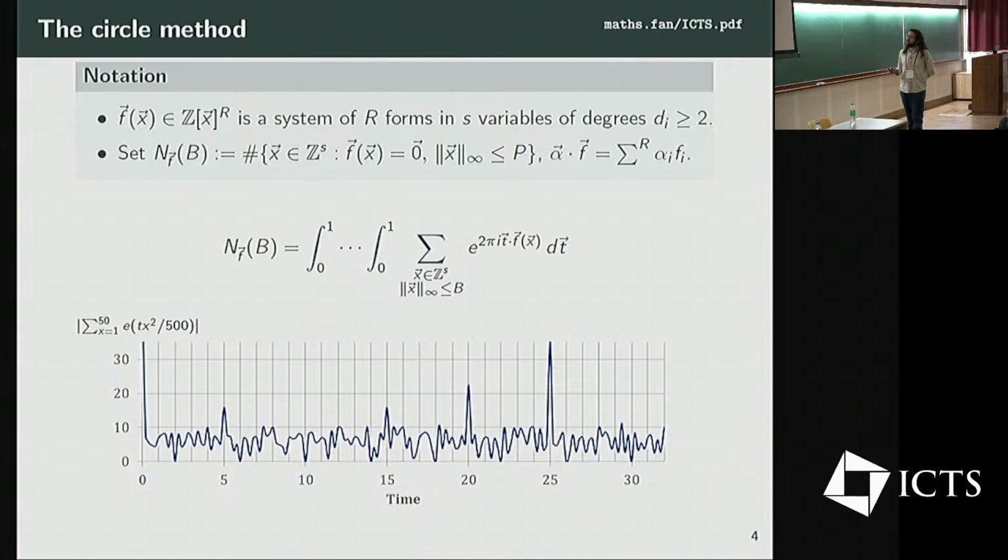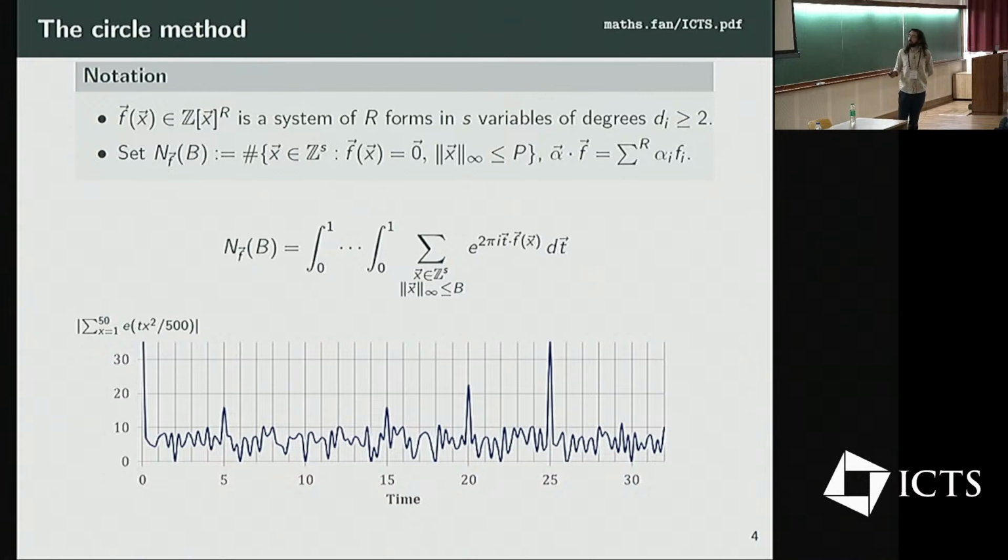So we write it as the integral over the r-dimensional unit hypercube of this exponential sum: the sum over the integer points of sup-norm up to B, so that's the integer points in our box, of e to the 2 pi i t dot the polynomials evaluated at that integer point.